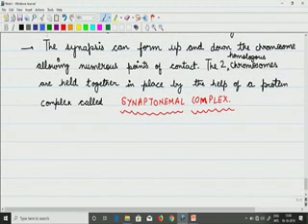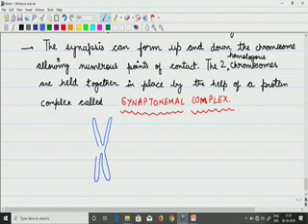The two chromosomes which we are calling homologous chromosomes are going to be held together in the place.